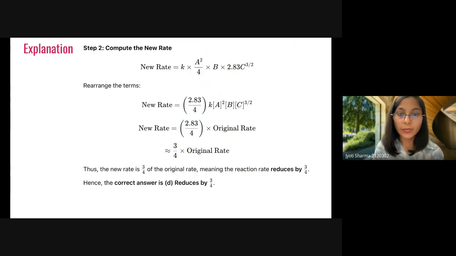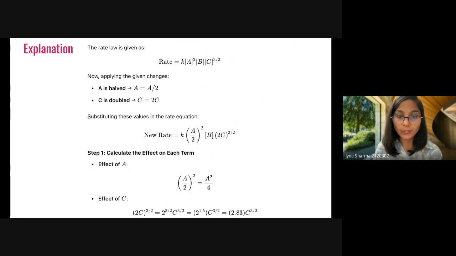So if we calculate this, A by 2 squared is equal to A squared upon 4. So this is A squared, and we just need to divide it by 4. And here, this is 2, so 2 upon, let's say, 4, right? And then here we have 3 by 2 as well, so this will give some more magnitude.